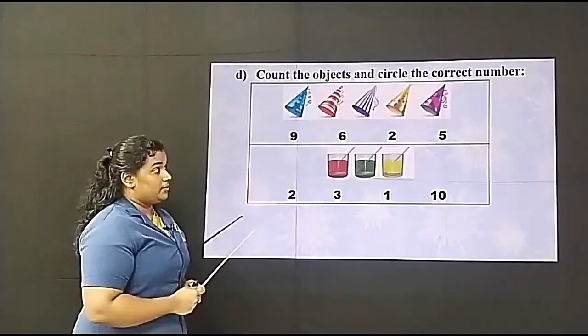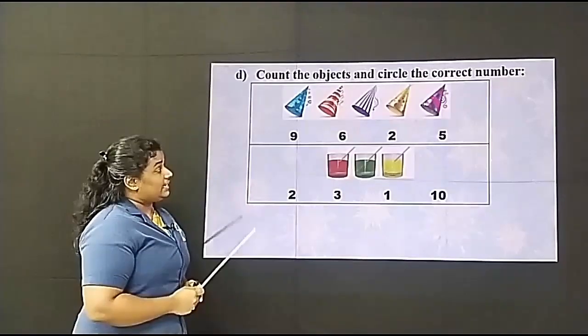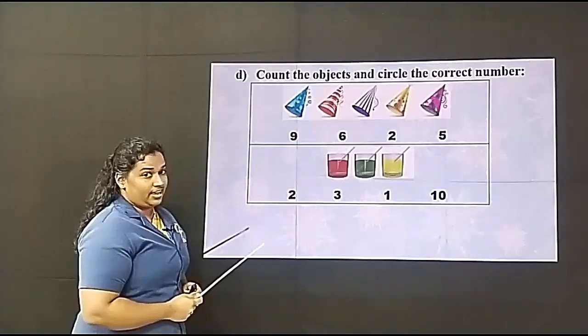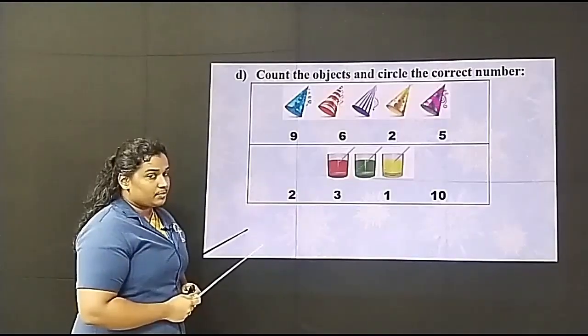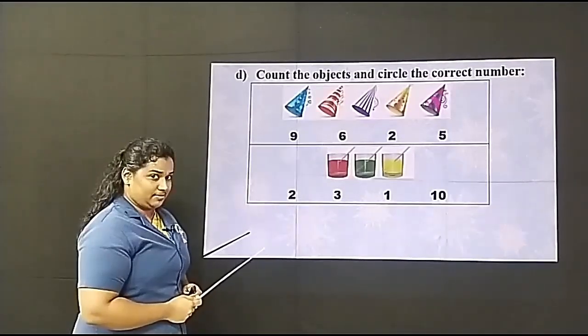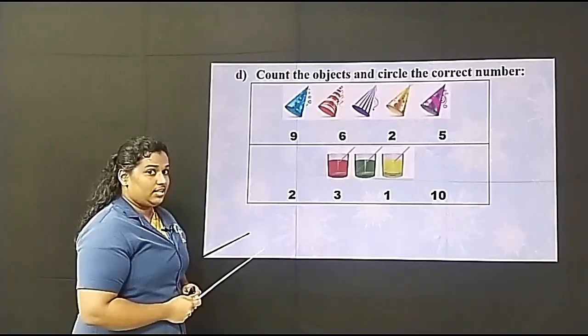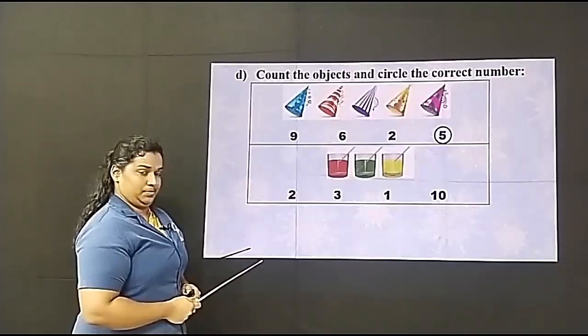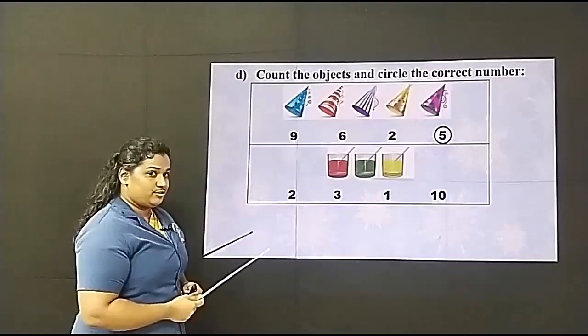Yes. So, among the given numbers 9, 6, 2 and 5. Which is the correct number? Yes. 5 is the correct number. So, we have to circle number 5. Next question. How many glasses of juice are there?